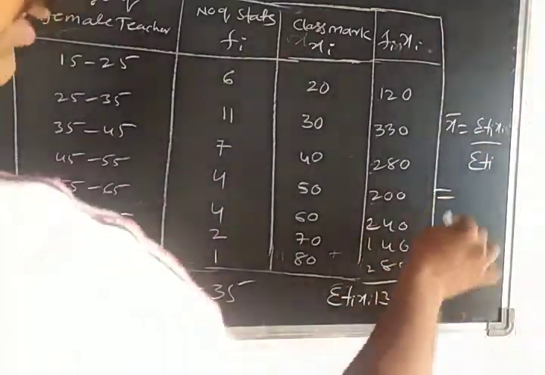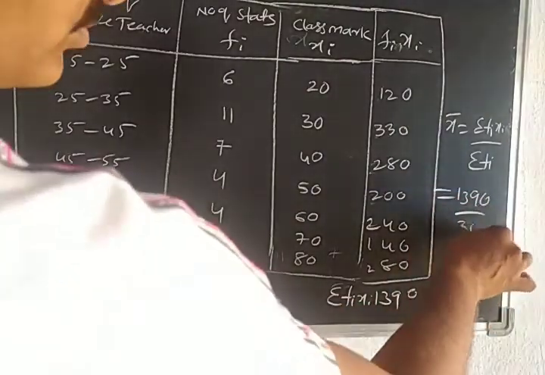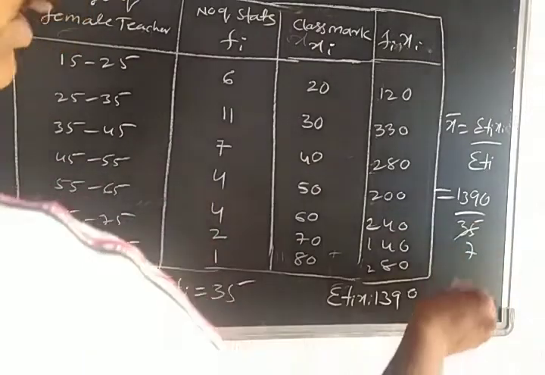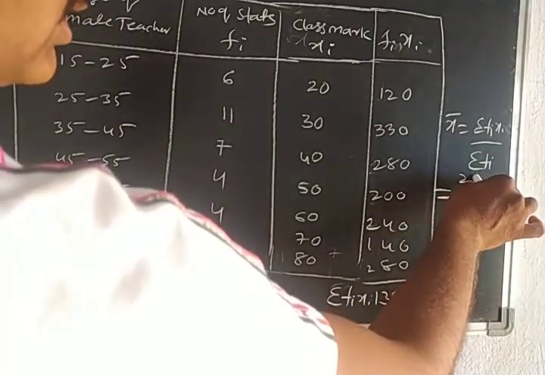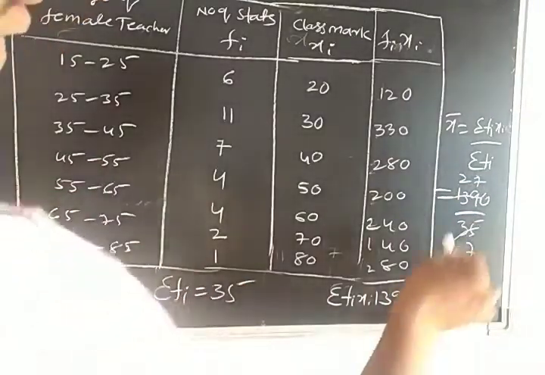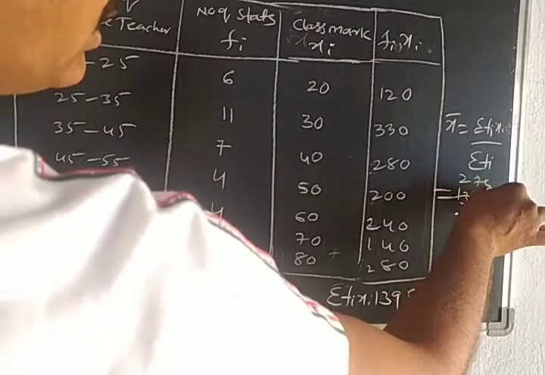So by substituting the values, 1390 by 35.